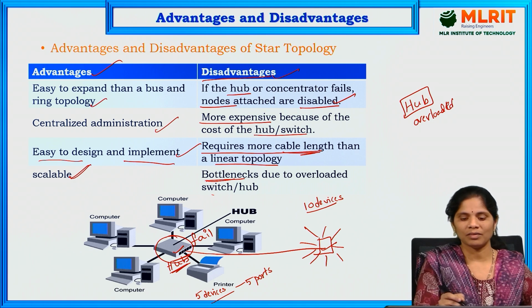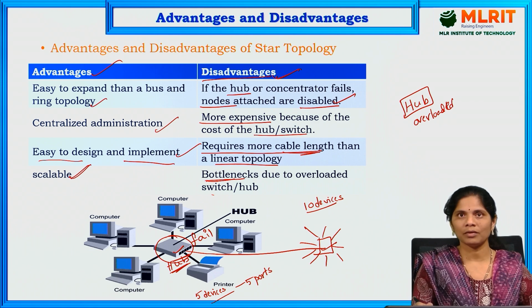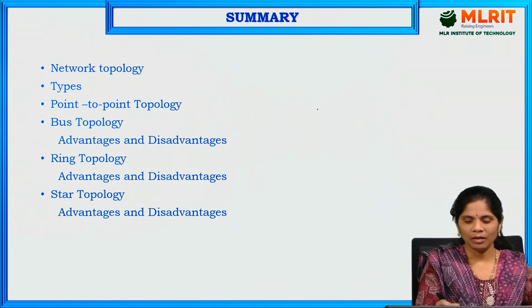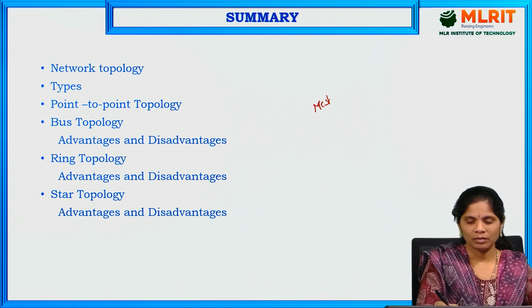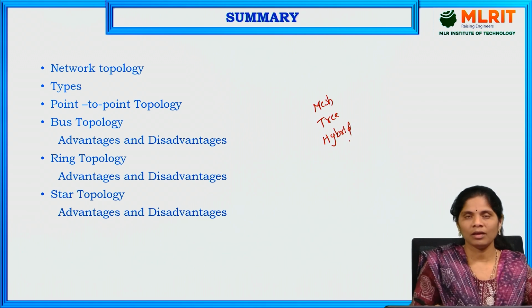These are some disadvantages of star topology. And the next three topologies, mesh topology, tree topology, and hybrid topology, we will discuss in the next sessions.